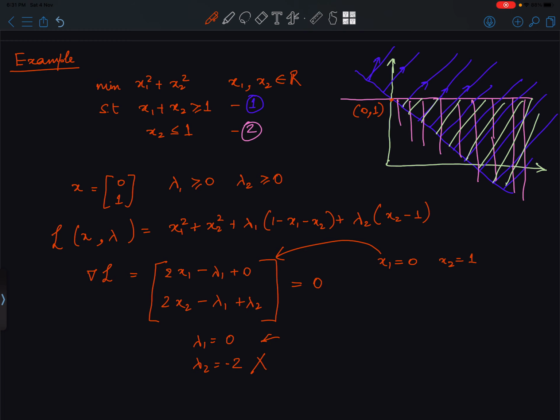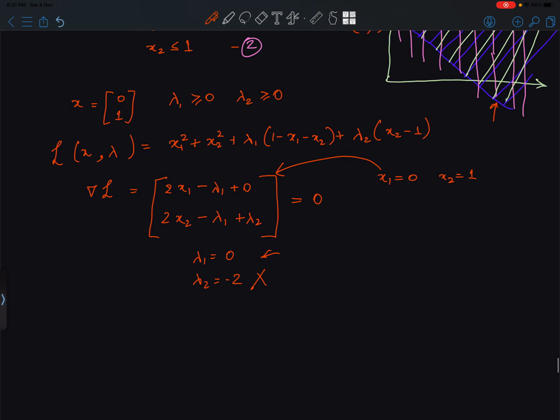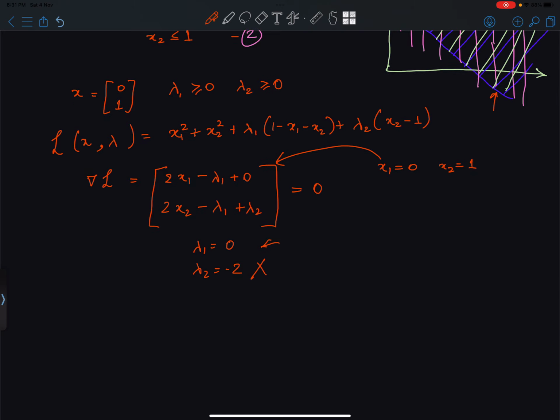Since lambda 1 is 0, let me make a guess: let us assume that only this particular constraint is active. That is, constraint 1 is active and constraint 2 is not active. So let me assume that. Case 2.